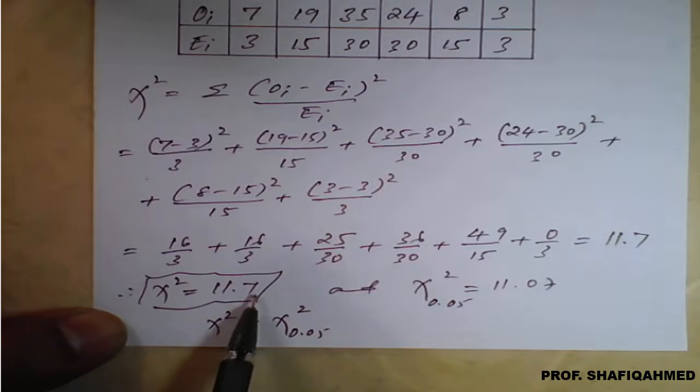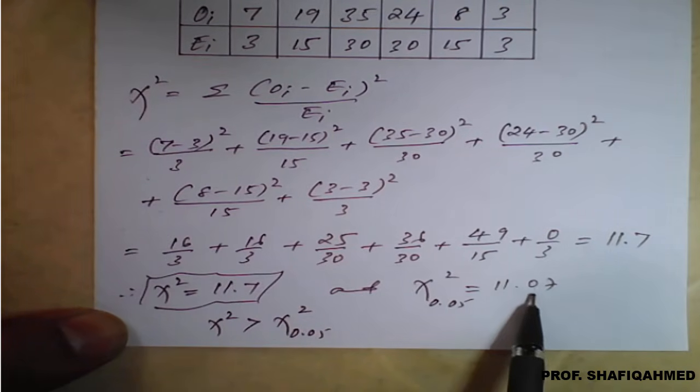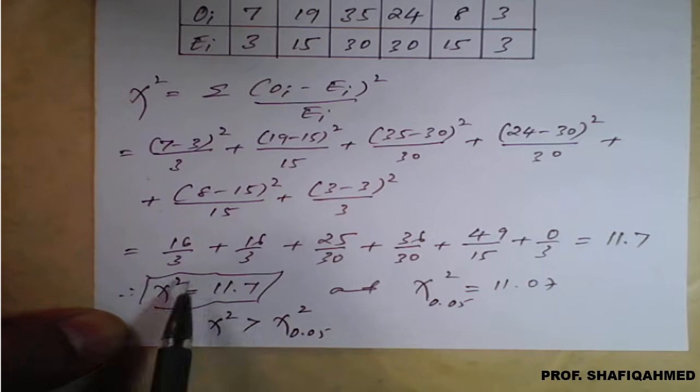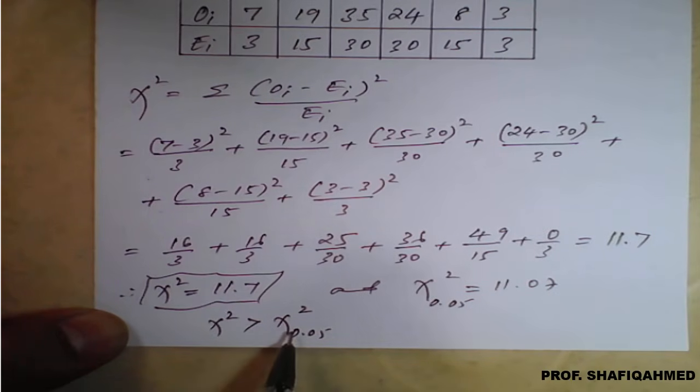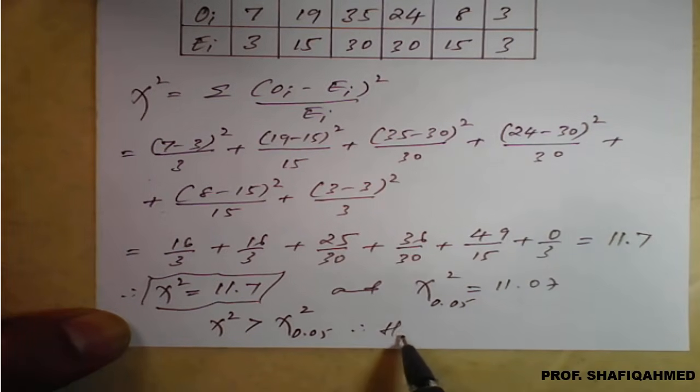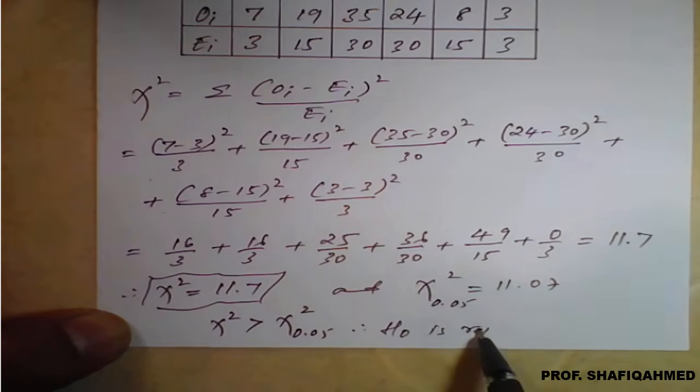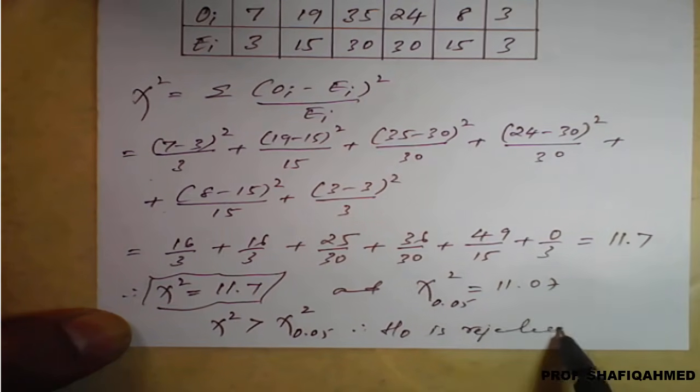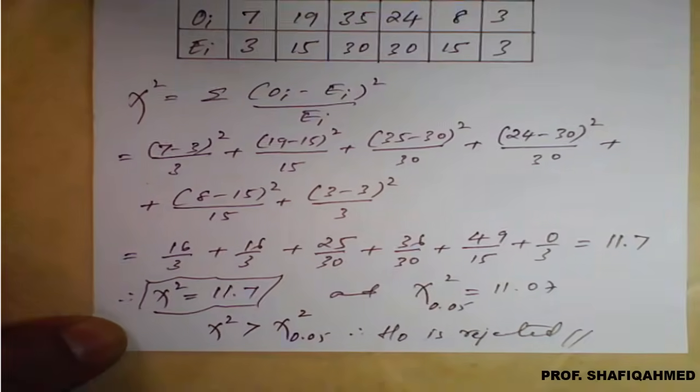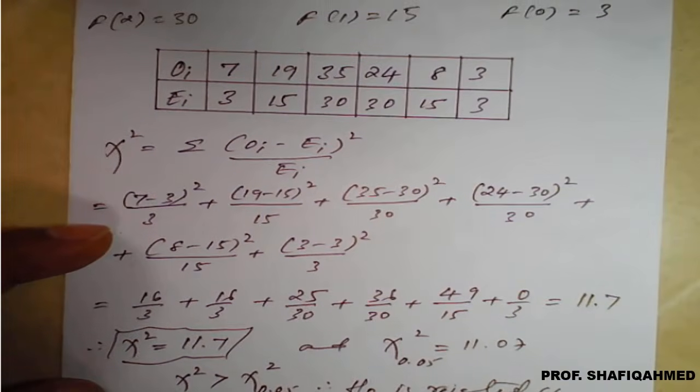Because 11.7 and 11.07 are near, but here 0.7 against 0.07, this value is greater than the required value. So therefore I can say that H0, that is the hypothesis, is rejected. In this way we need to calculate the problems.